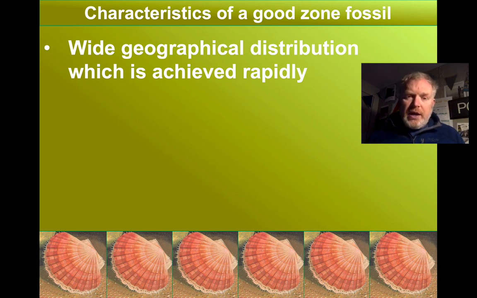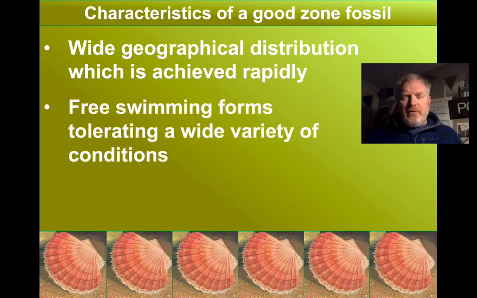So, for example, if we look at the limestones of Carboniferous age that we find in places like Ogmore-by-Sea on the South Wales coastline, and we find the same coral fossil in limestones on the west coast of Ireland, in County Sligo, for example, we can establish that those two rocks were deposited at the same time, because the fossil is geographically widespread enough to be found in places that are hundreds of kilometres apart, maybe even thousands of kilometres apart.